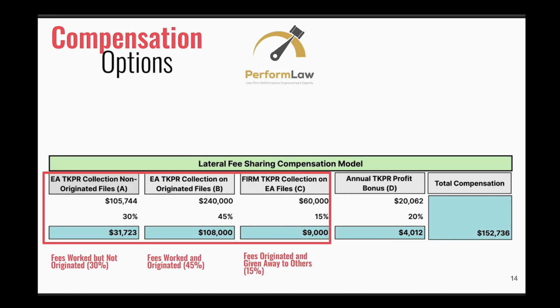And these percents, by the way, the 30%, the 45%, and 15%, are the standard percentages that we use and recommend, but of course different scenarios may call for different percentages. Column B represents fees worked and originated, and they receive 45% of what they collect there, and then for fees that they originate and give away, they receive a referral fee of 15% of the collected fees.